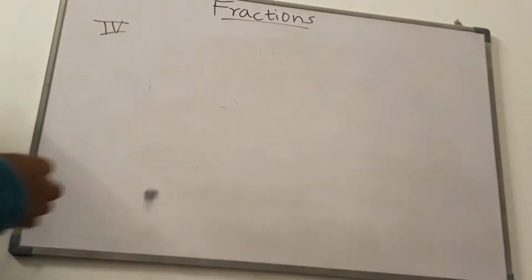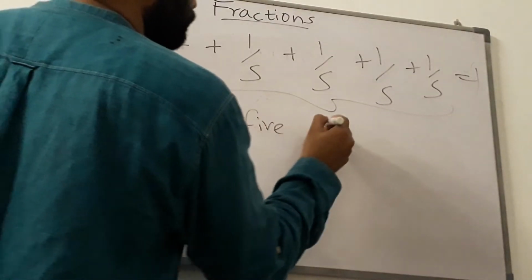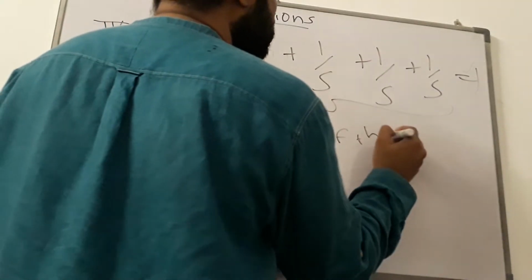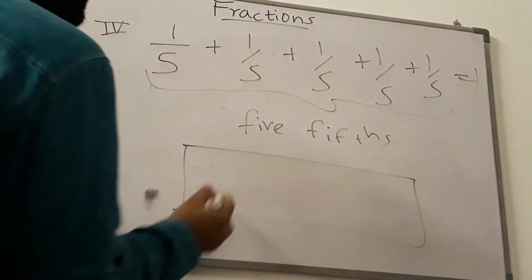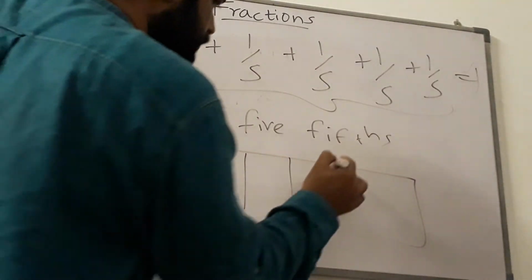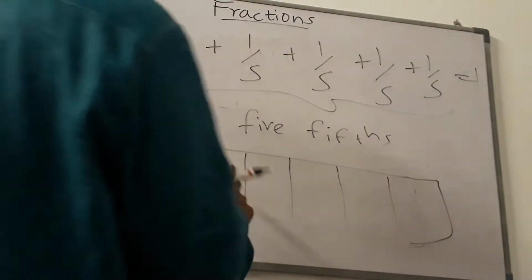Same as 1/5 plus 1/5 plus 1/5 plus 1/5 plus 1/5 all together is a complete whole, where there are 5/5. Okay, or in a rectangle, 1 2 3, 5 identical parts.